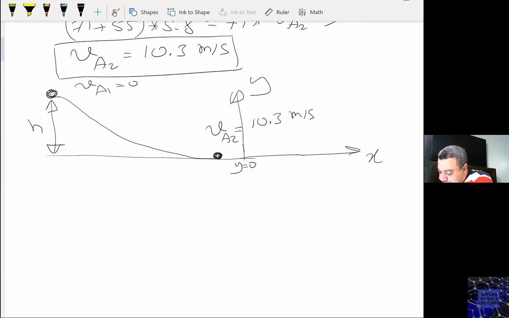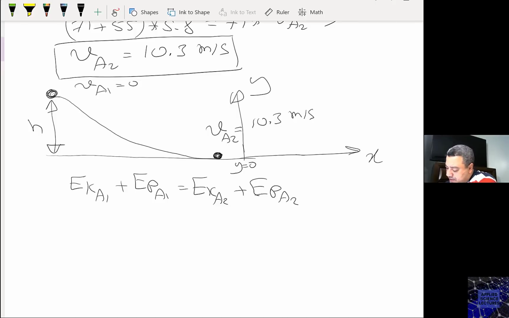So how do I calculate this? From the conservation of energy, I know EK A1 plus EP A1 equals EK A2 plus EP A2. Now the gravitational potential energy right here is 0.